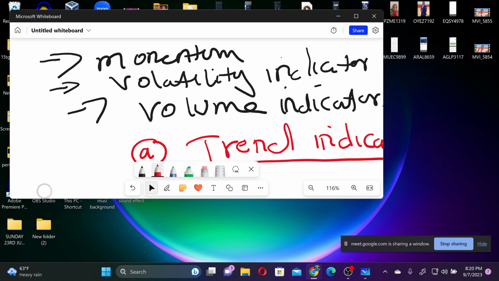We have the Bollinger Band. Is it Bollinger or Bollinger? I'll show you. Actually, not all indicators are on MT5, and not all of them are on MT4.